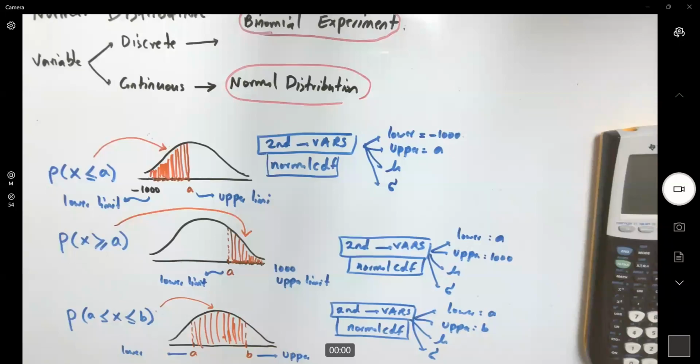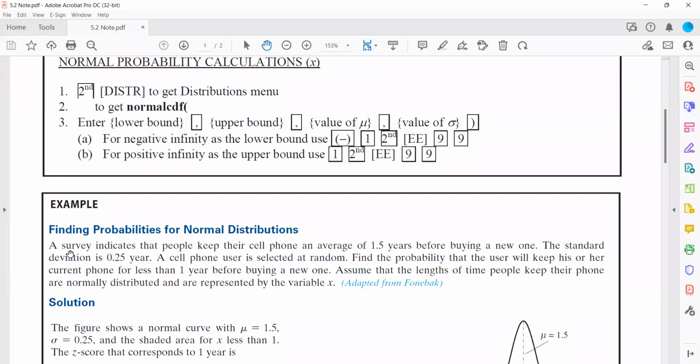Let's take a look at a couple of examples here. In this example, the question says, find the probability of a normal distribution. A survey indicates that people keep their cell phones an average of 1.5 years before buying a new one. The standard deviation is 0.25 years.